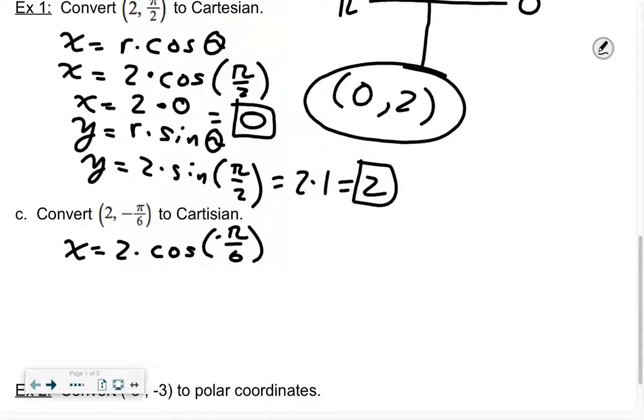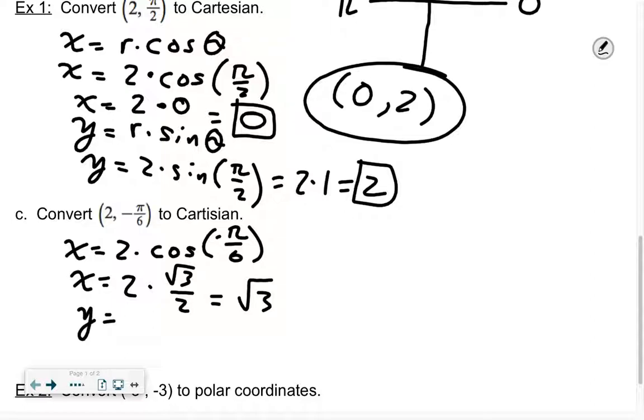So we do have this ordered pair on our unit circle. Cosine is which value again? X. So for cosine of negative pi over 6, the x value there is the square root of 3 over 2. And 2 times that amount is simply the square root of 3.